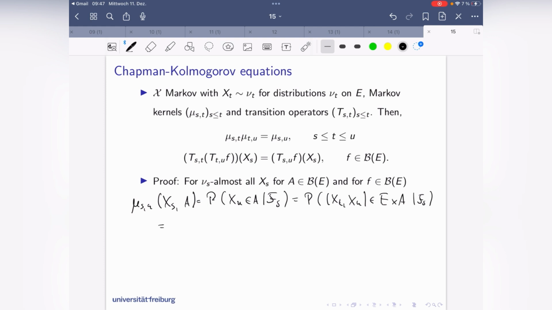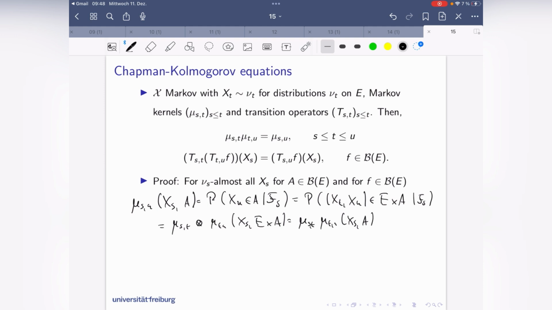And this, according to what we had on the last slide, that's mu_st times mu_tu to go from xs to E times A. Well, and this is just by definition this product mu_st mu_tu from xs to A. And I'm already done, because that was what I wanted to show.